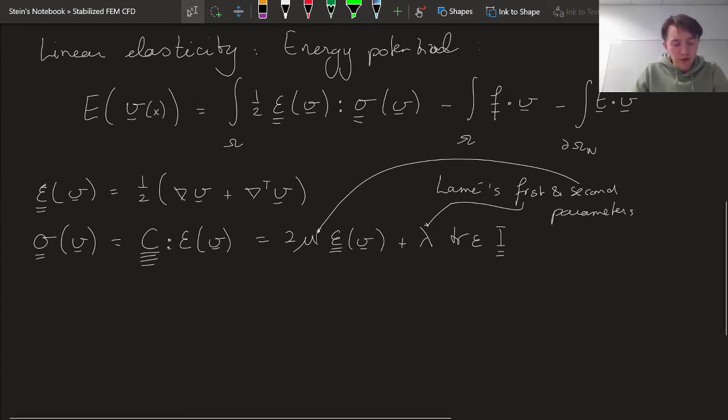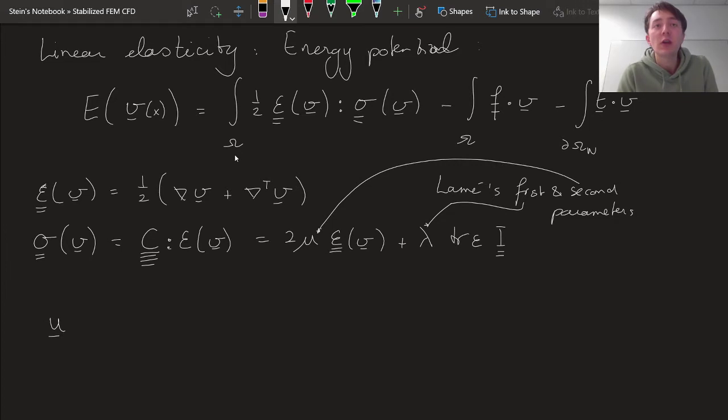Okay, so how do the equations of linear elasticity now follow from this energy potential? Well, what we're going to do is define our solution u. With this energy potential, we can obtain energy for any possible vector valued function.